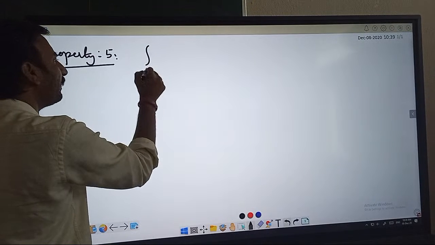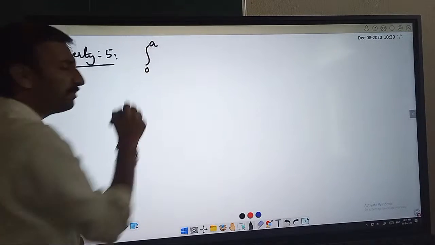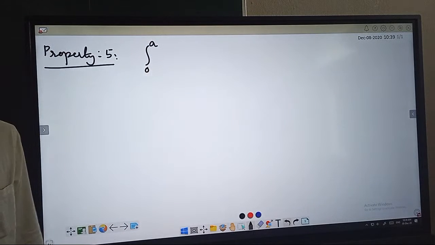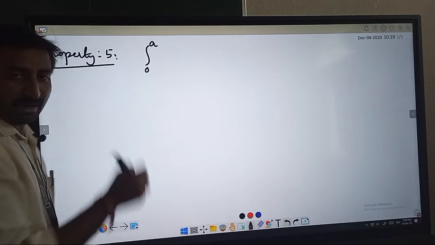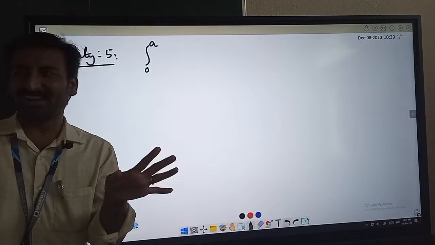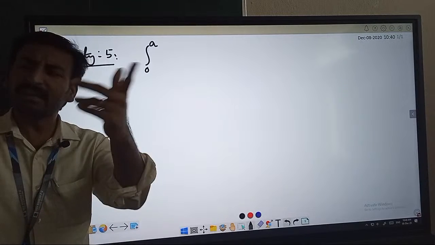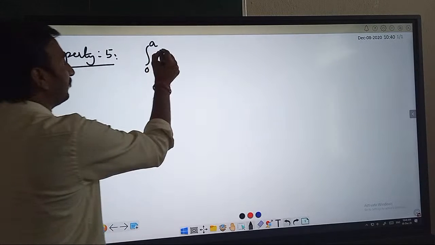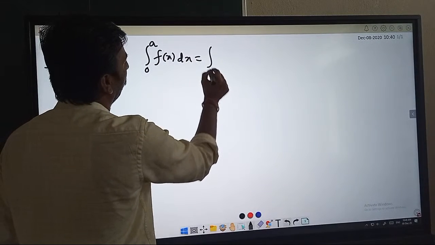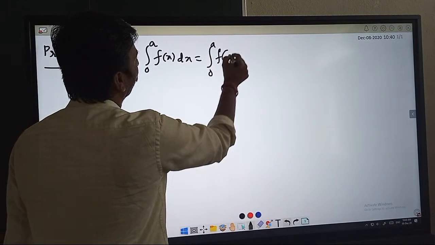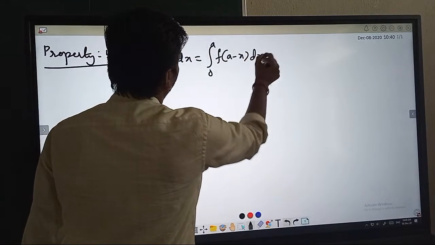What property 5 tells us is, it is a brother of property number 4. See, if you have the lower limit fixed at 0 and the upper limit any other number a, then the property tells us it is the same as the integral from 0 to a of f of a minus x dx.